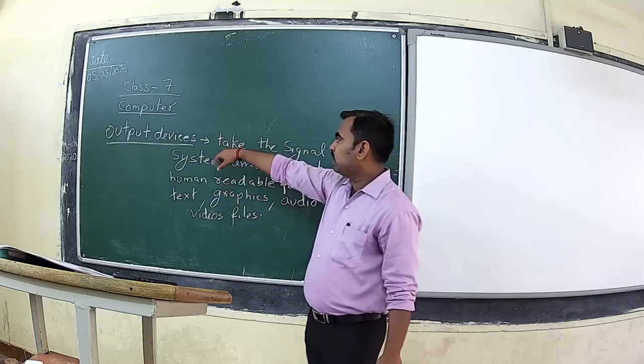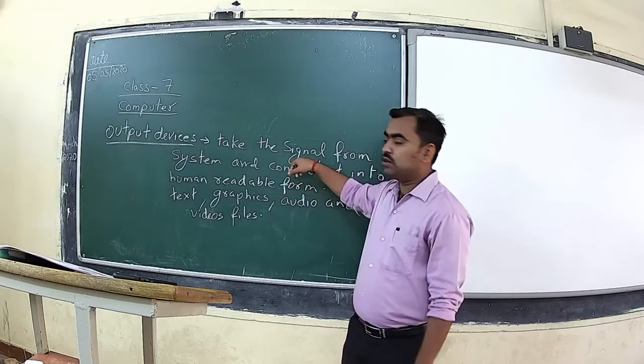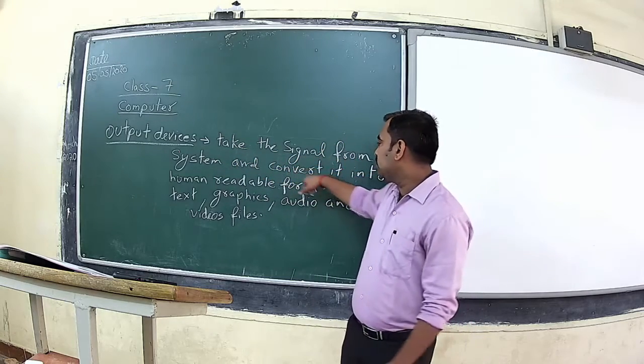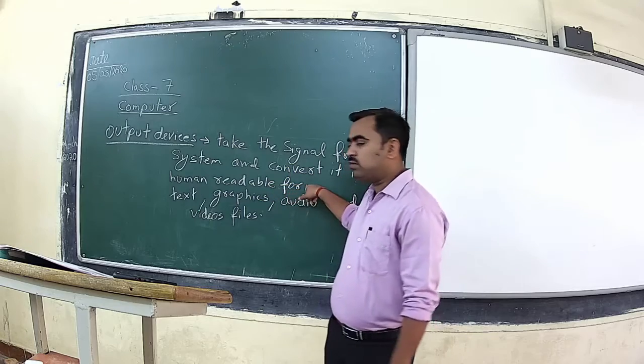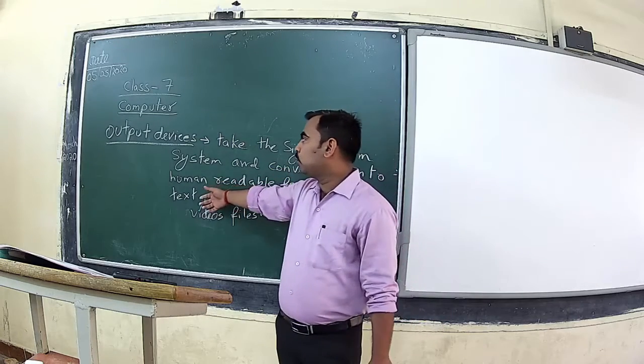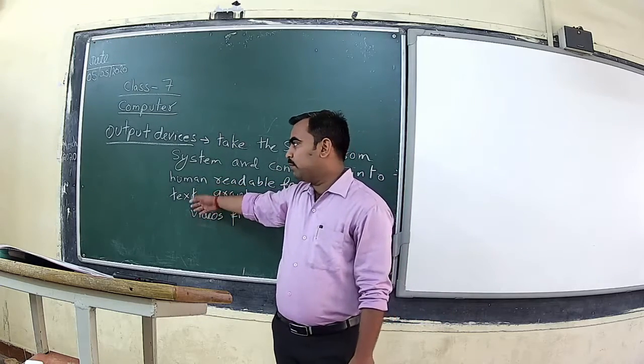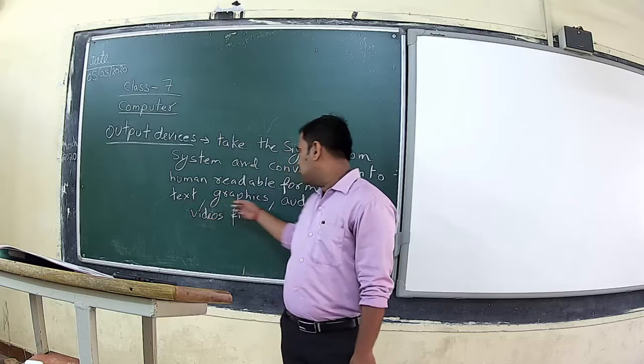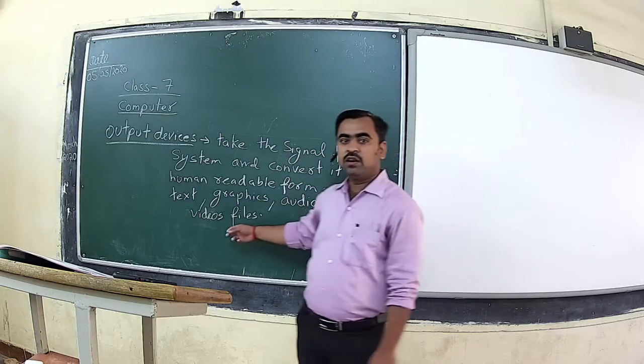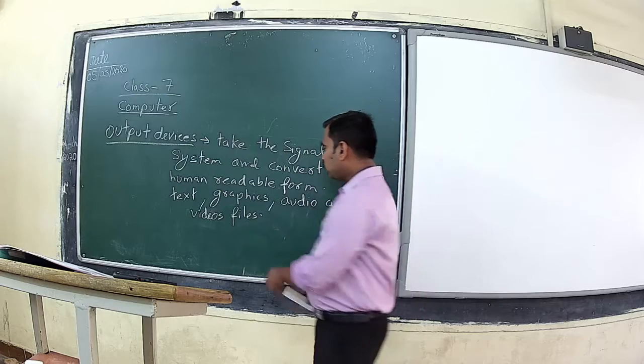So the output devices are the devices which take the signal from the system and convert it into the human readable form. This processed data can be presented in the form of text, graphics, audio, and video files.